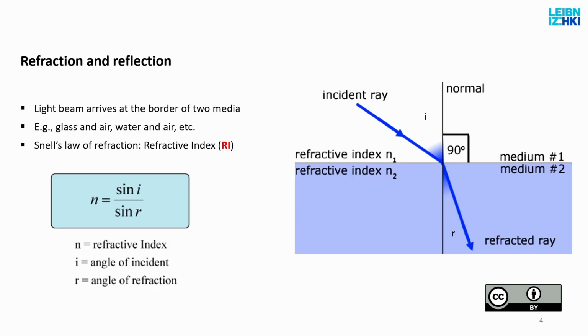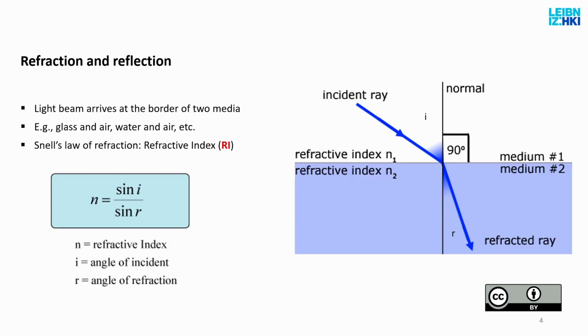This is called the refractive index. And when I say refractive index and I don't add relative refractive index, I mean the refractive index of the medium relative to air or vacuum, which is considered 1. If I say relative refractive index, I mean between, for example, water and glass, which would be 1.33 divided by 1.5. So it is, in a way, a relative measure.